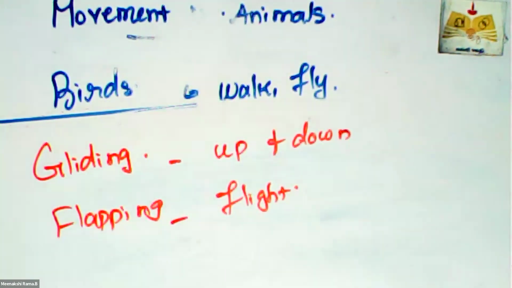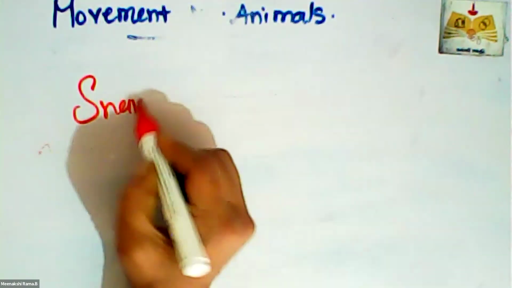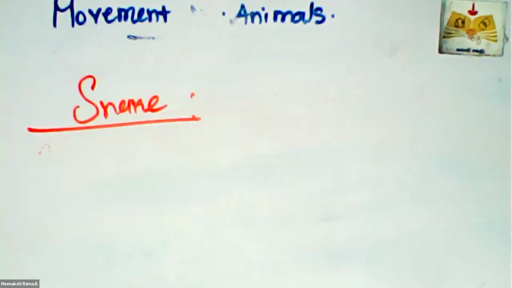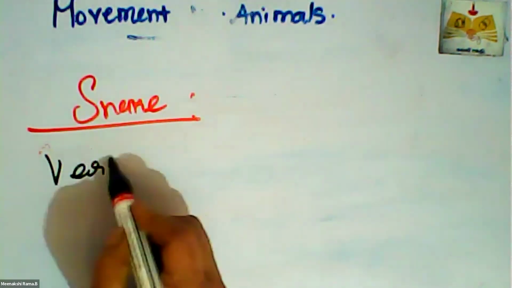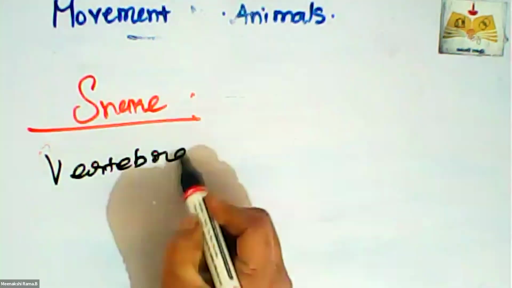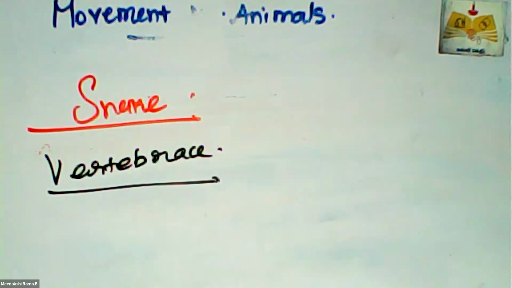Yes. The next animal is the snake. Yes, the snake is a dangerous animal also, is it? The body of the snake consists of a large number of vertebrae. A large number of vertebrae is present in the snake's body.